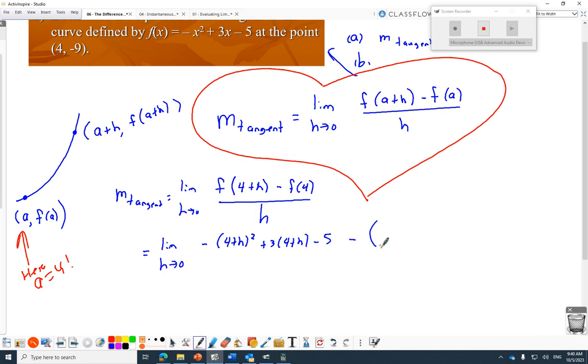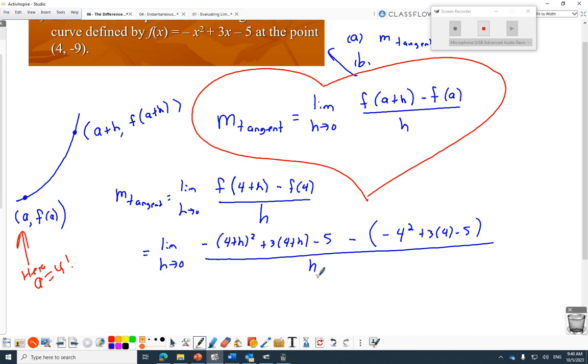So that's negative 4 squared plus 3 times 4 minus 5, all over h. You could be sad about what just happened. You're like, this does not look awesome to me. Stick with me. Give me 10 days before you decide this isn't awesome, because it is.